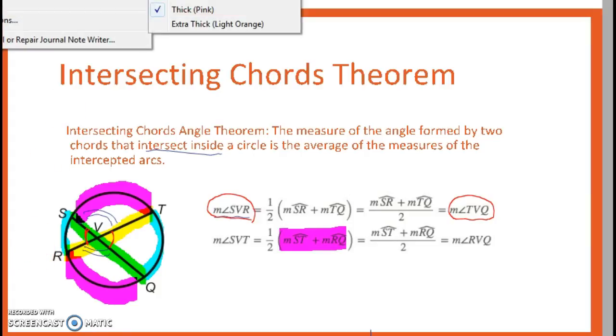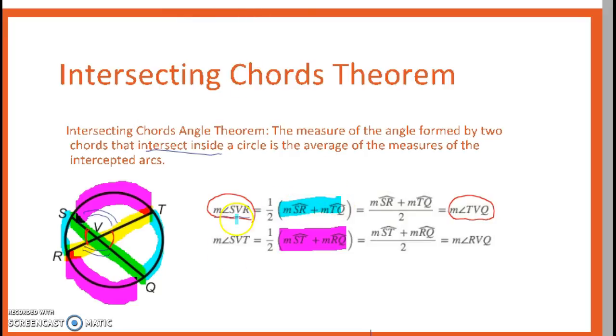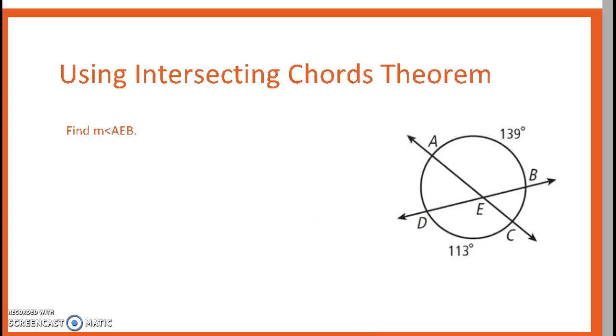So let's just practice working with this intersecting chords theorem in the next few problems. So here we are given a similar diagram as what we saw in the last theorem. We want to find the measure of angle AEB. Well, that is the angle formed by these two chords that intersect inside the circle.